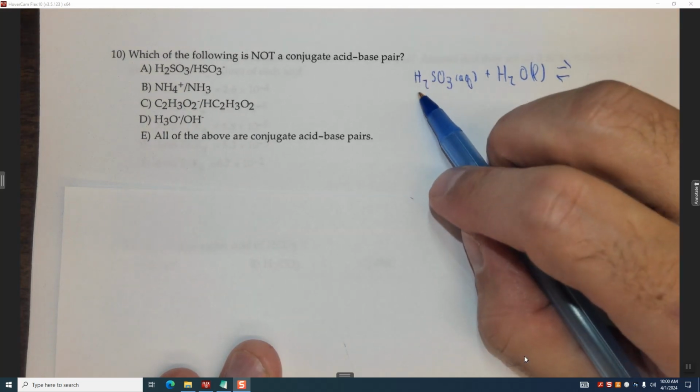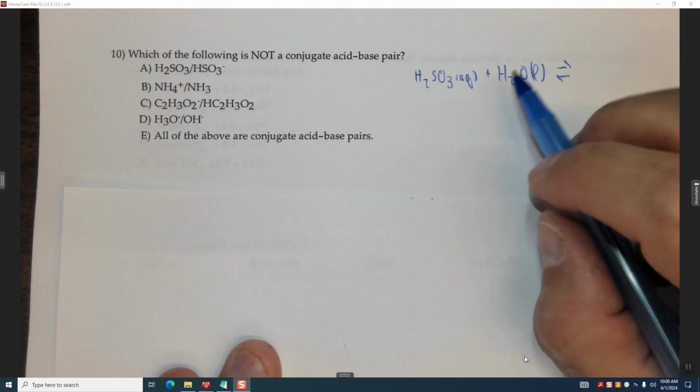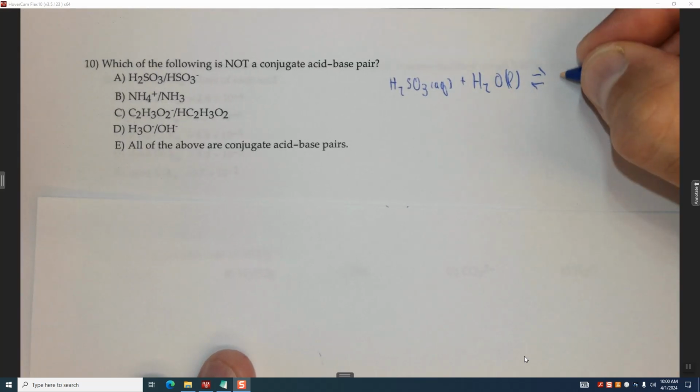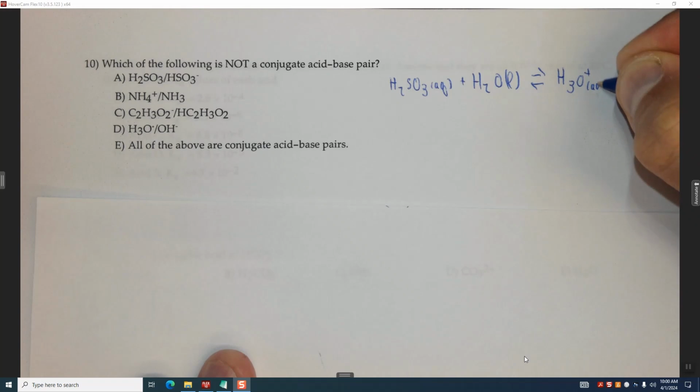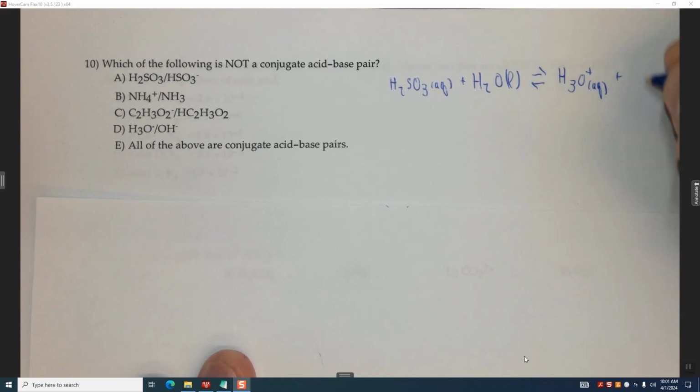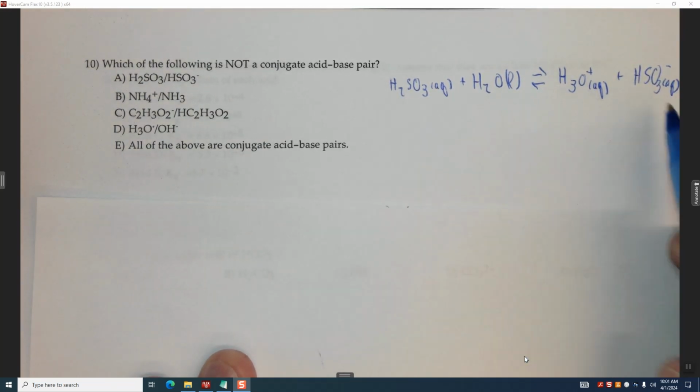If this is an acid, sulfurous acid, it's going to protonate the water. It's a proton donor. So what we end up with is H3O plus aqueous plus HSO3 minus aqueous.